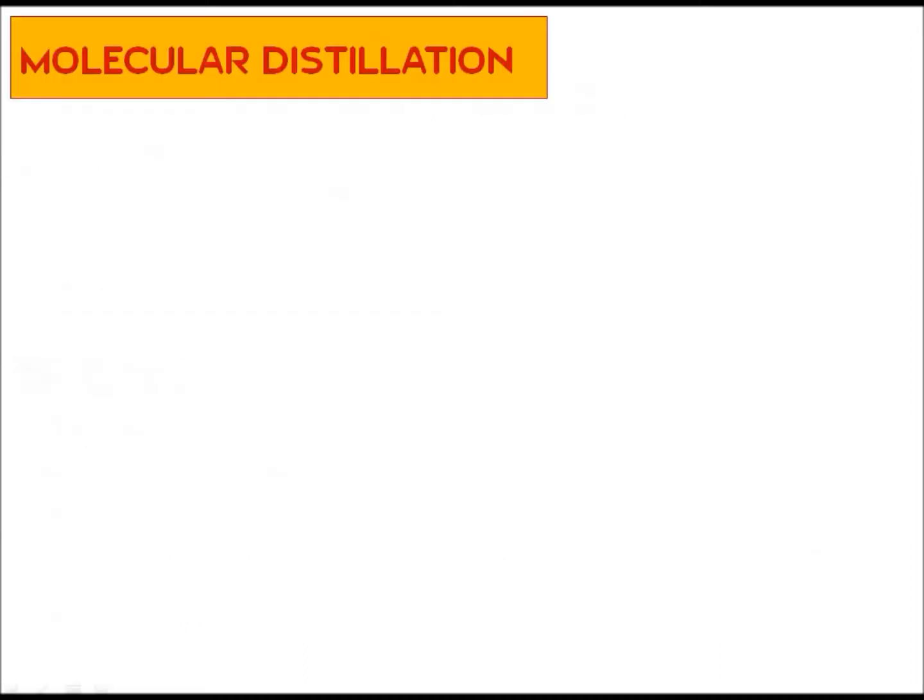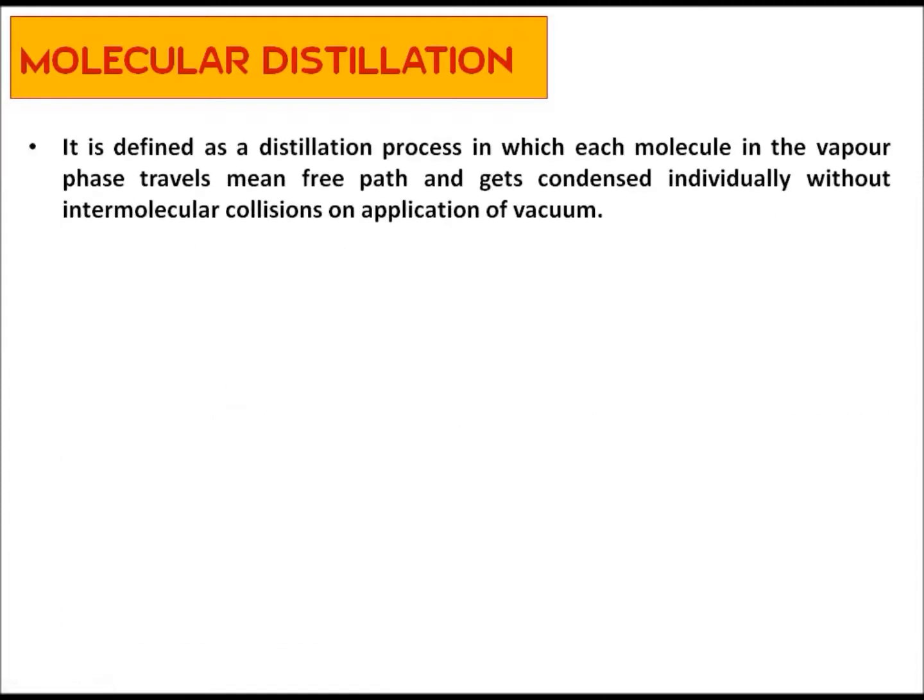Next, we are going to the next part. This is molecular distillation. So here we are going to have some theory. First of all, what is molecular distillation? It can be defined as a distillation process in which each molecule in the vapor phase needs to travel a mean free path.